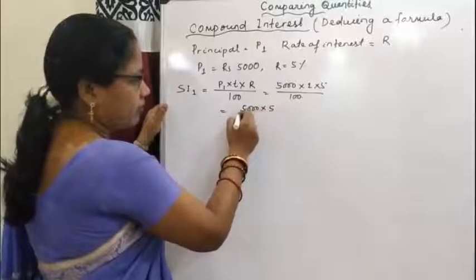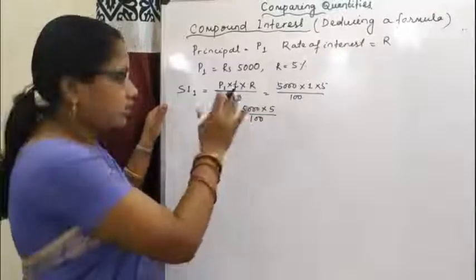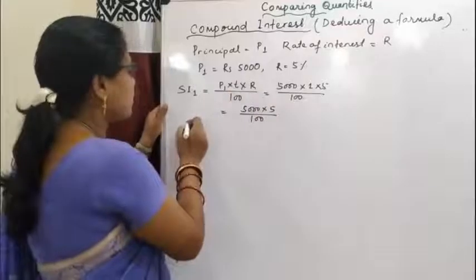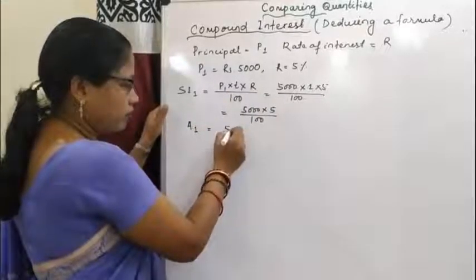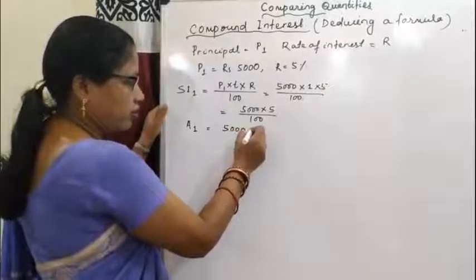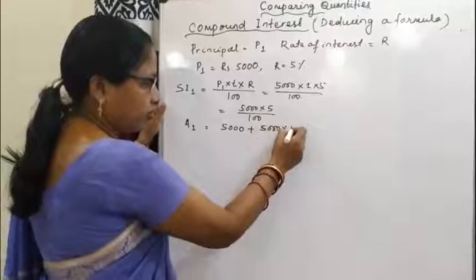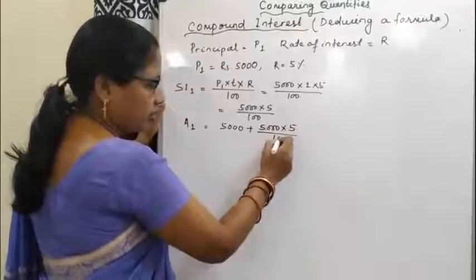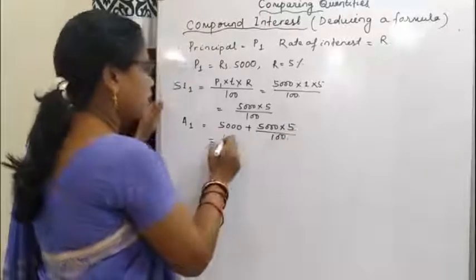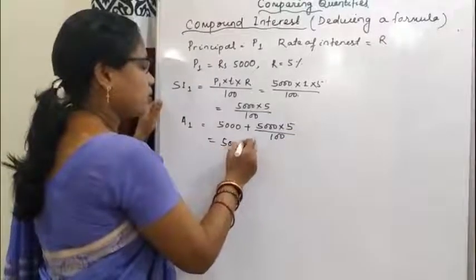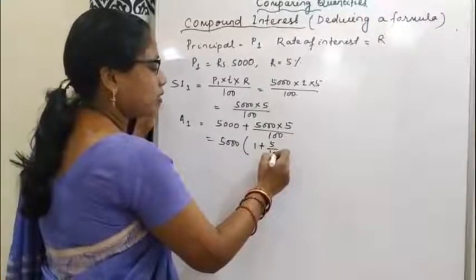This is the simple interest at the end of the first year. Then what is the amount? This is equal to 5,000 plus 5,000 multiplied with 5 by 100. So, this is equal to 5,000 multiplied with 1 plus 5 by 100.